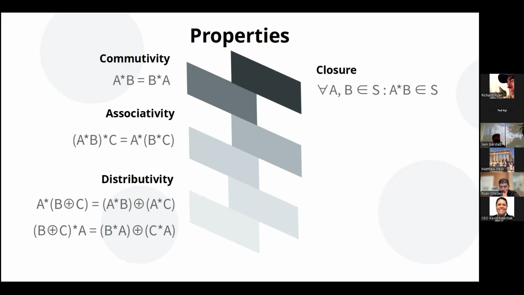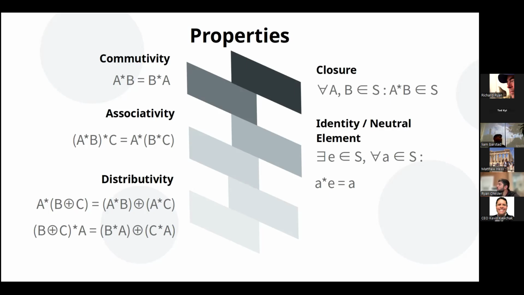And then we have closure, where that upside down A means for all A and B in a particular set, A multiplied by B, or A operated by B, is also within that set. That becomes important later on when we're defining groups and stuff like that. We also have the identity or the neutral element.